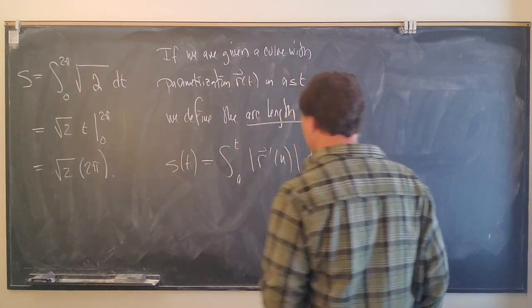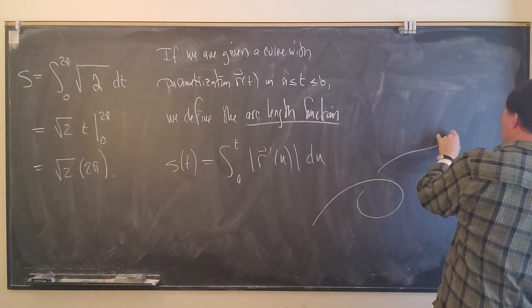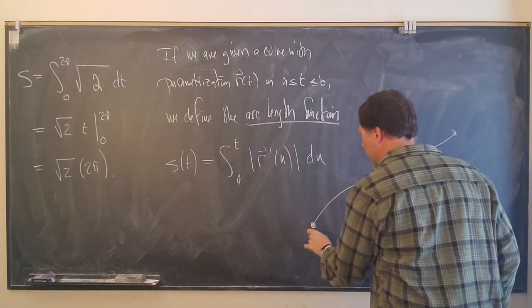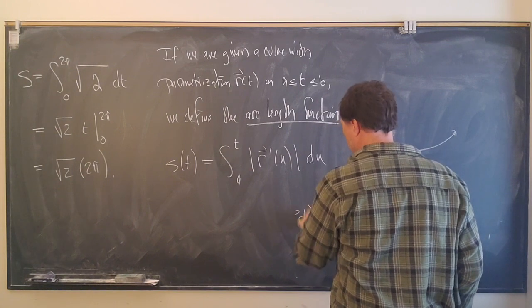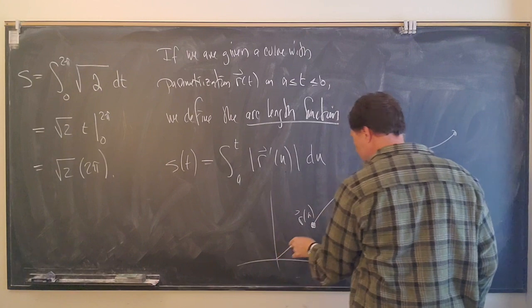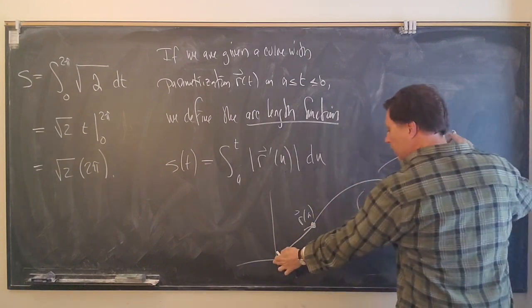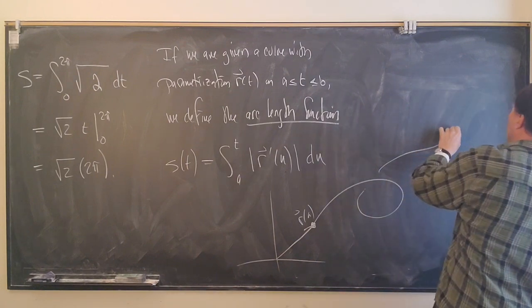Now, what this does, let's draw a picture here. If I have a curve, right here is r of a. Officially, we've got the position vector pointing there. And then r of b would be a position vector that comes and points right to there. I'm just going to mark the ending point there.